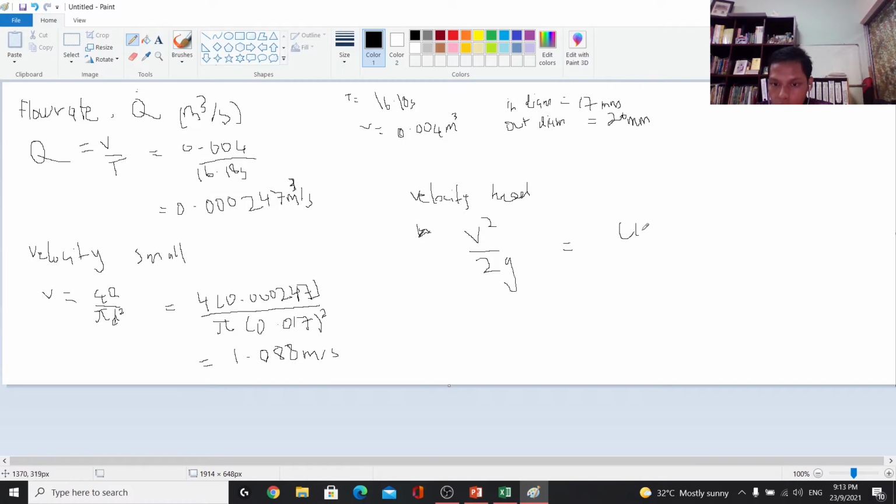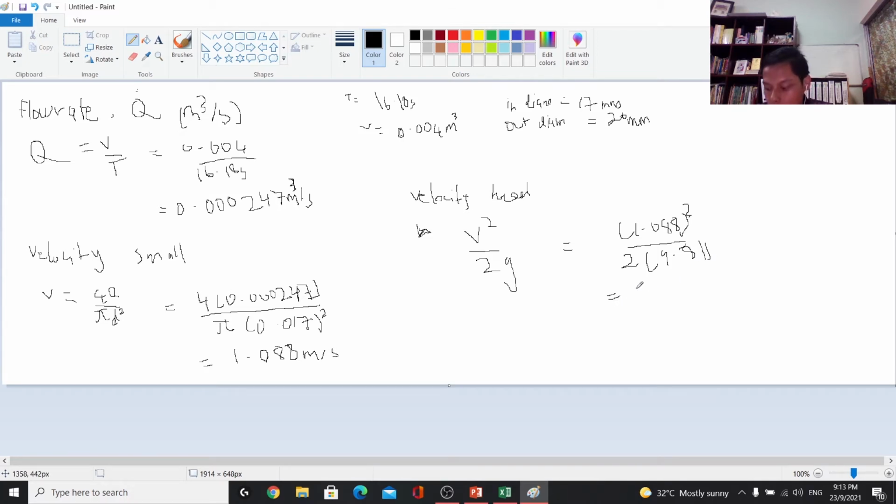So 1.088 squared over 2 times the gravitational acceleration.